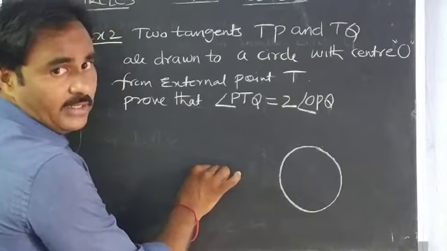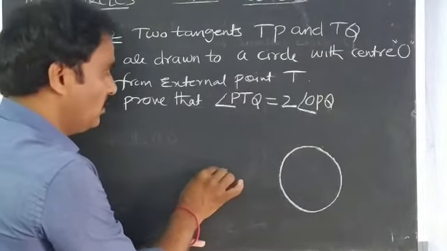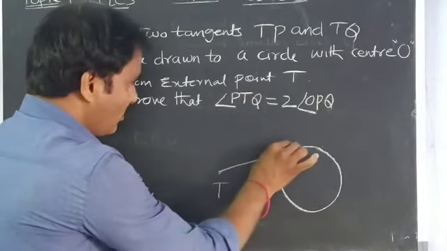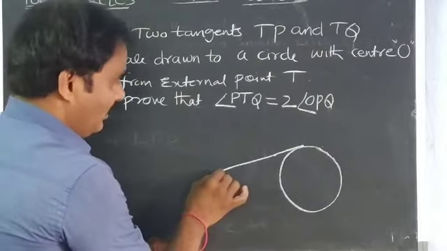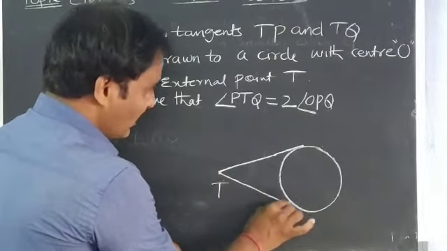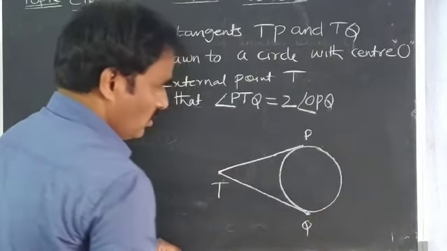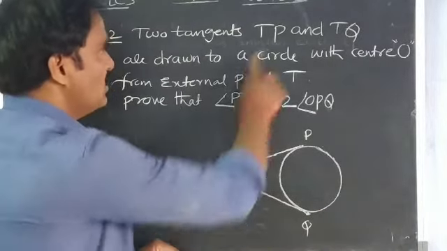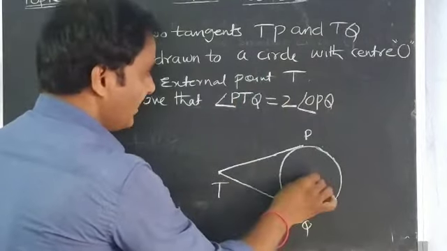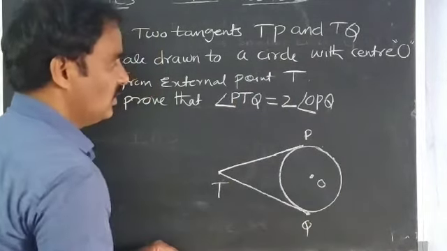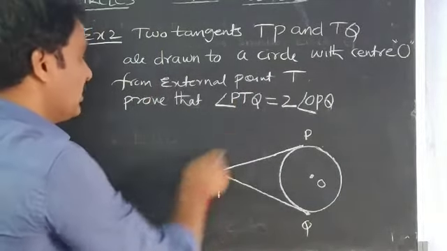From the external point, how many tangents are possible? Only 2. The 2 tangents touch the circle at the points P and Q. So TP and TQ are 2 tangents drawn to the circle with center O from the external point T.